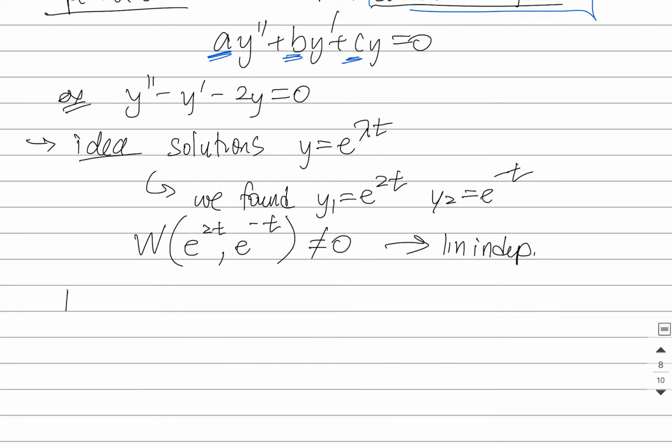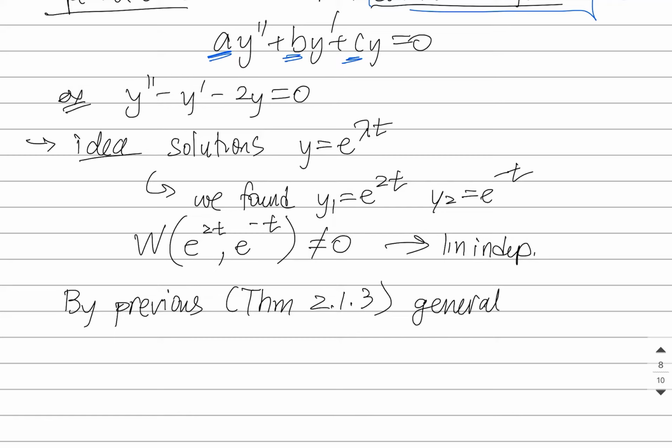And by the previous result, which I'm going to call theorem 2.1.3, the general solution is then going to be a linear combination of these two answers. So every solution to this second-order differential equation comes from this linear combination. That's it. That's the whole process.